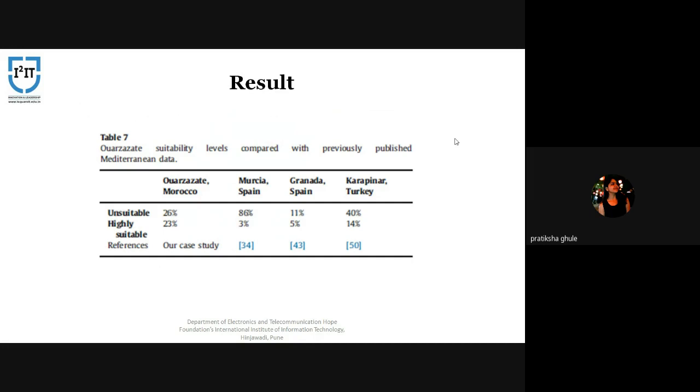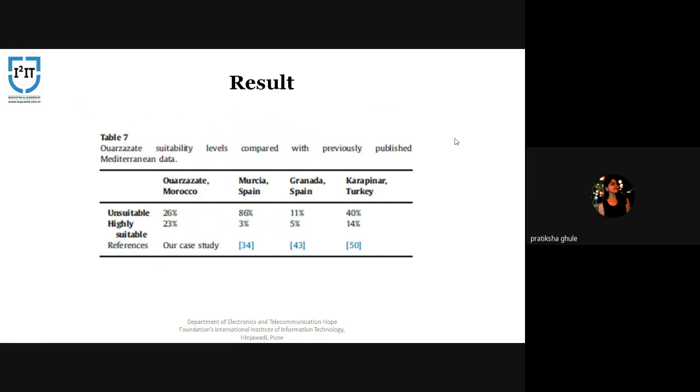In Murcia, it has 3%. In Granada, it's 5%. And Carapina is 14%. But Ouarzazate has 23%, and it's in southern Morocco, which is our case study. So it was found to be highly suitable.